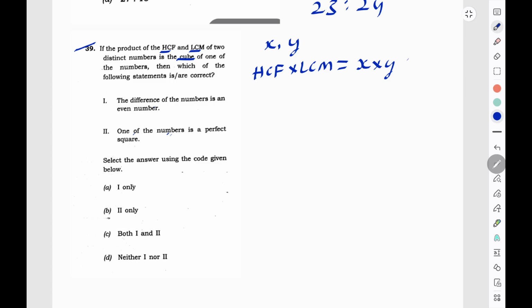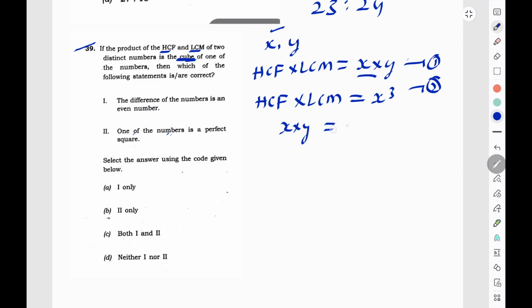It is also given that the product of HCF and LCM is equal to the cube of one of the numbers. I'm considering x as that number, so it should be x cube. This is equation 2. By 1 and 2, x into y is equal to x cube. By cancelling, we get y is equal to x square. The value of y is the square of the first number.